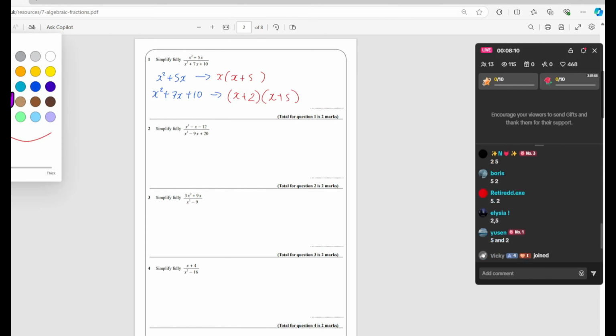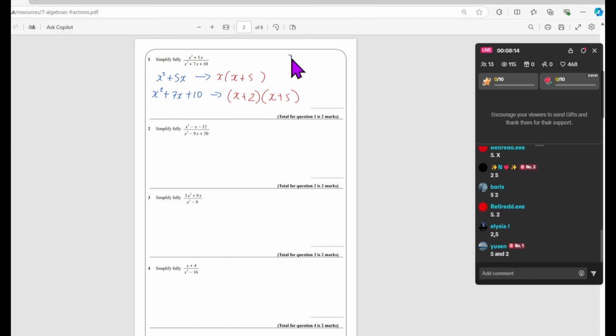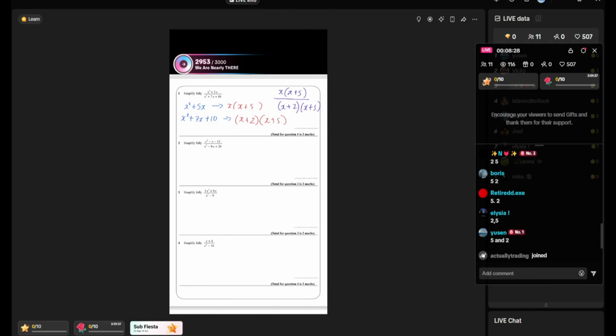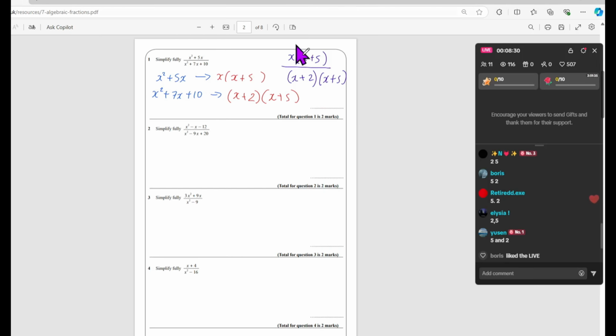After you've all done factorizing, we're just going to put this back into a fraction, divided by x plus 2, then x plus 5. Now you'll notice that we have some common brackets. So x plus 5 and x plus 5 are both common in this situation.